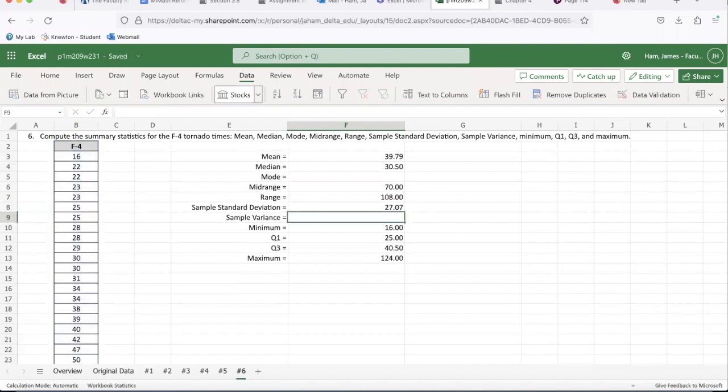And it gives you the standard deviation. And for sample variance, I'm going to type in equals. I'm going to recall where the sample standard deviation is, and then I'm going to raise it to the second power with that notation there, the hat, and then the 2. And then hopefully things work out. So yeah, so those are the F4 numbers.